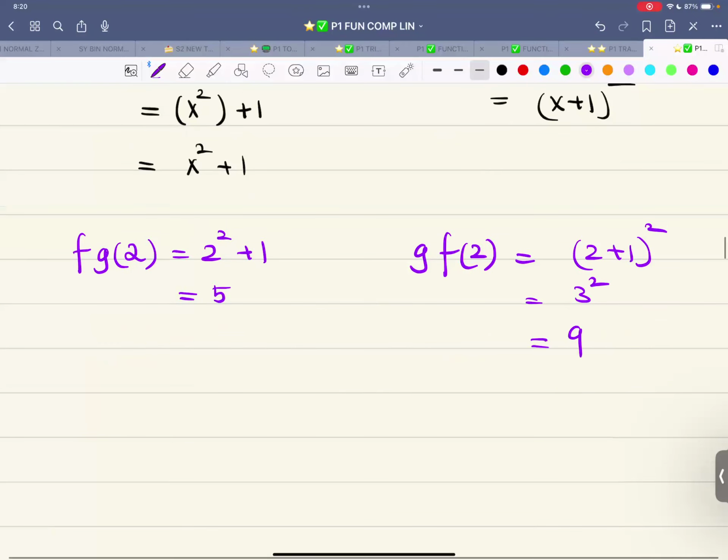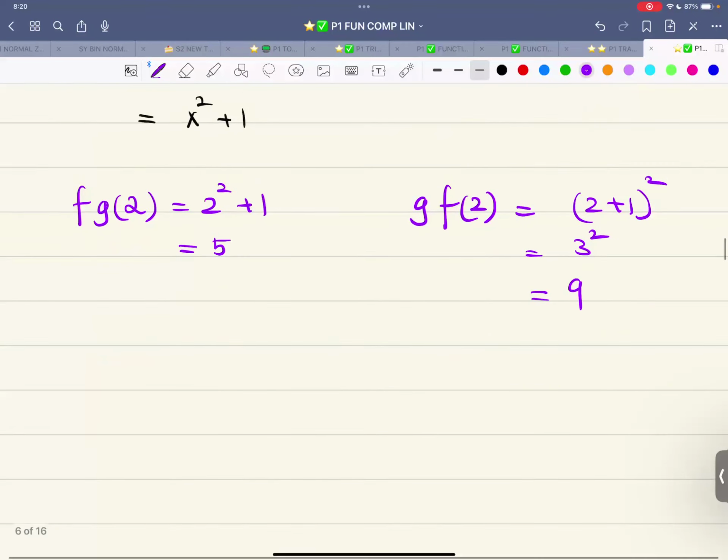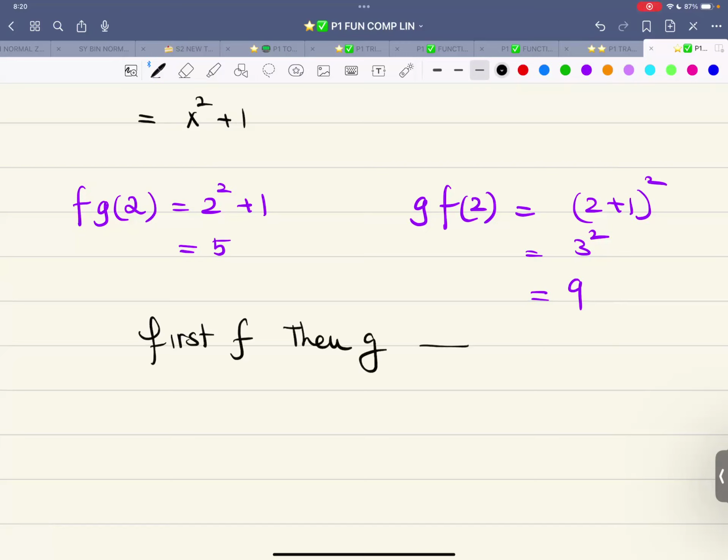And yes, that is giving me the right thing. That means order makes a difference. First f, then g. This is g of f of x, because first you are taking x, you are plugging in f, the result you are plugging in g. So first f, then g, that is g of f(x).